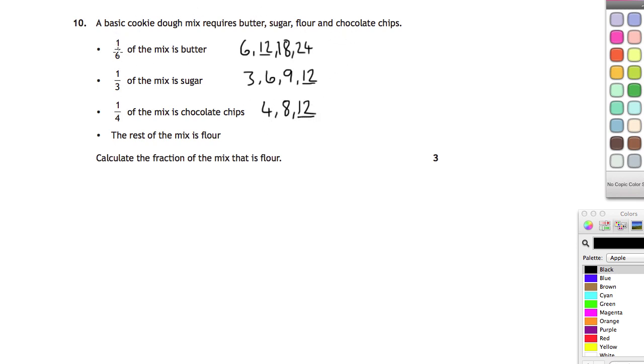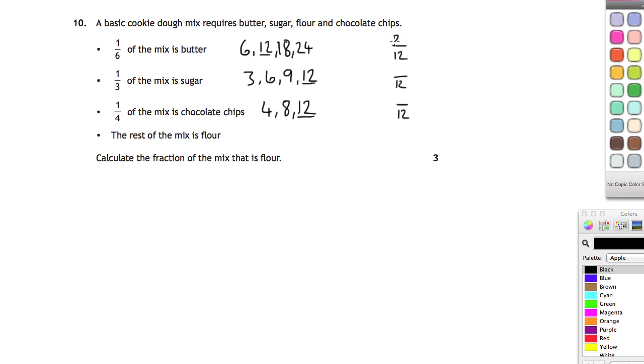So what we then have to do is convert these fractions into twelfths. 1/6, to convert that into twelfths, well, to get from 6 to 12 you times by 2, so we're going to times the top by 2 as well. 2 times 6 is 12, 2 times 1 is 2.